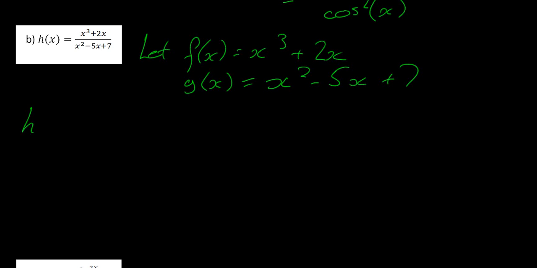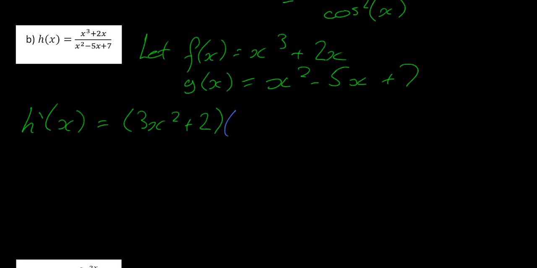Okay, so when you figure out what h dash is, remember, we're going to differentiate the top first. So f dash over here is going to be differentiated. So this one is going to be 3x squared plus 2, and we're going to leave g of x.